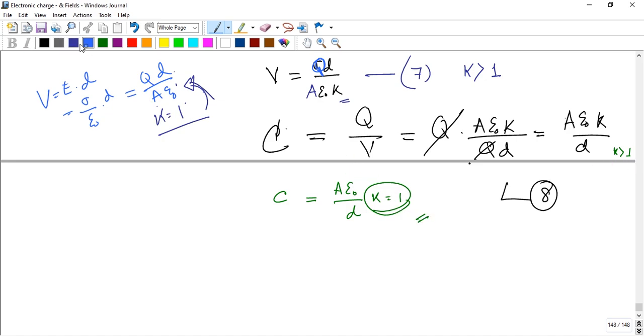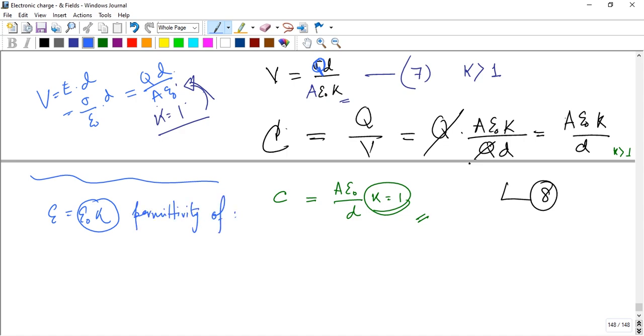Now the important relation we develop here is epsilon equals epsilon naught times K, where epsilon is the permittivity of the medium.